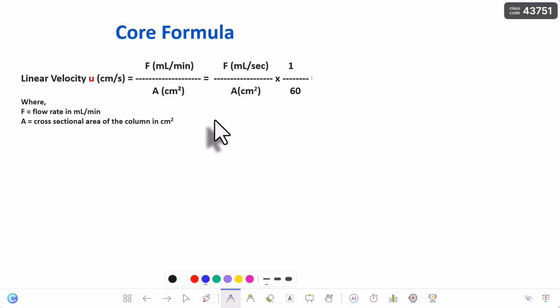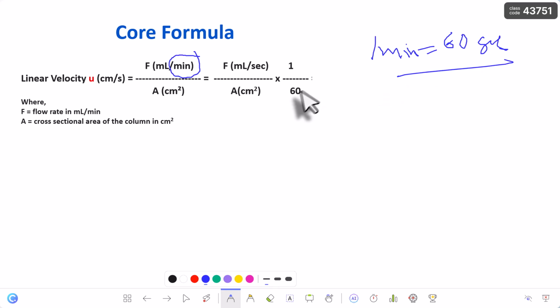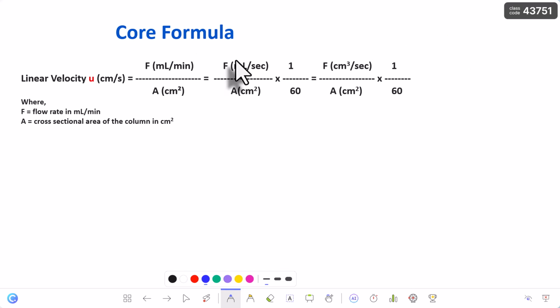First, let us convert this minute into a second. It's very simple, right? 1 minute is equal to 60 seconds. So dividing by 60 makes this into seconds, as it is already divided by second. Because of that, this 60 will come to the denominator, not to the numerator. And then further, this ml can also be expressed as a centimeter cube.